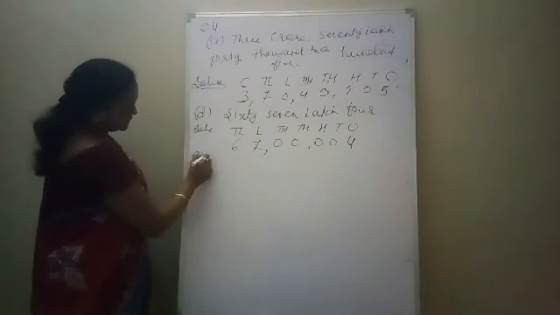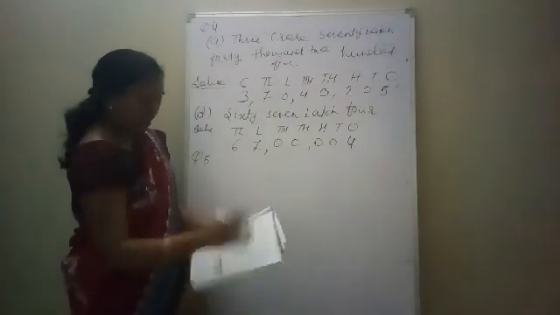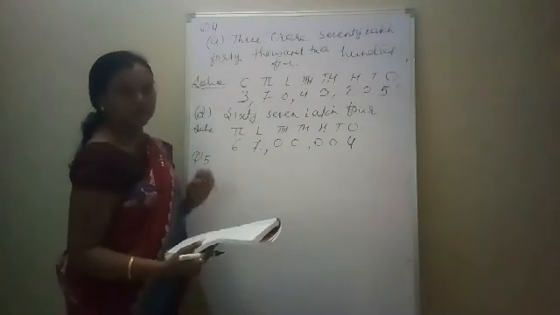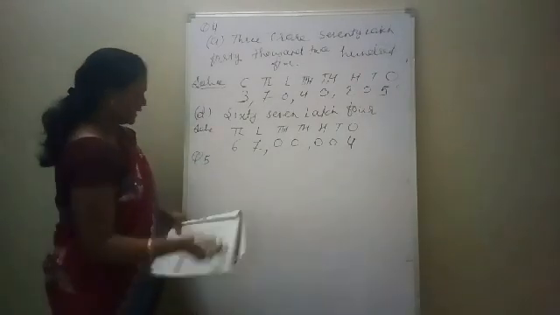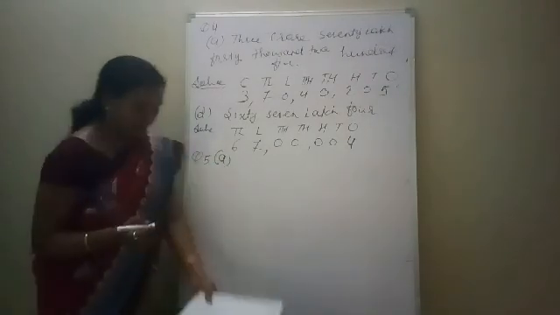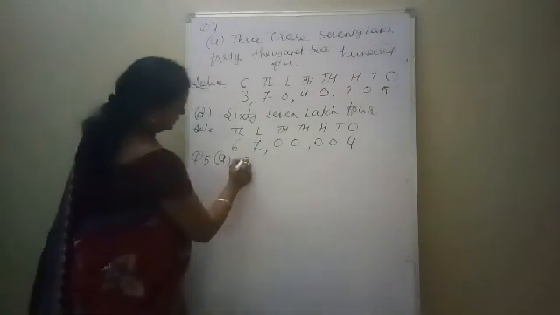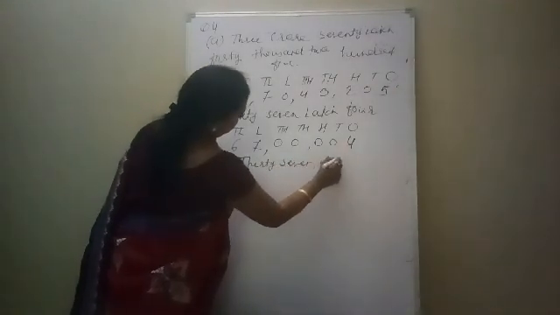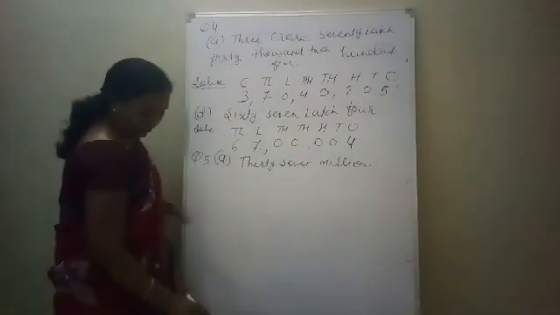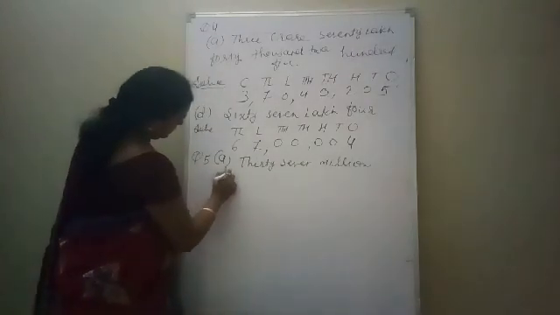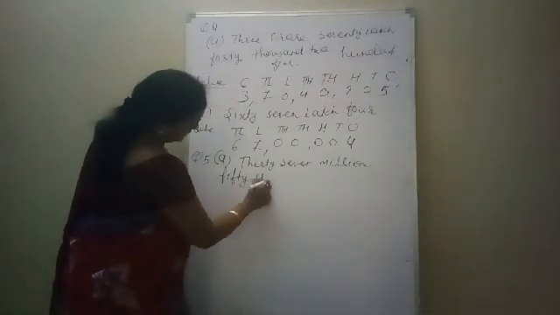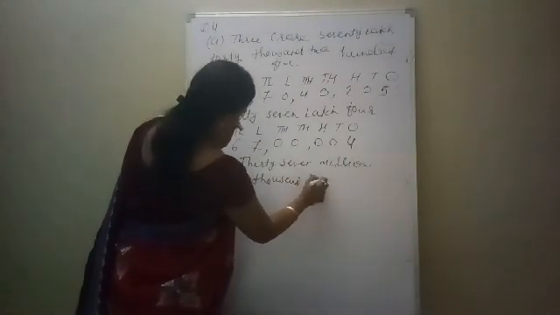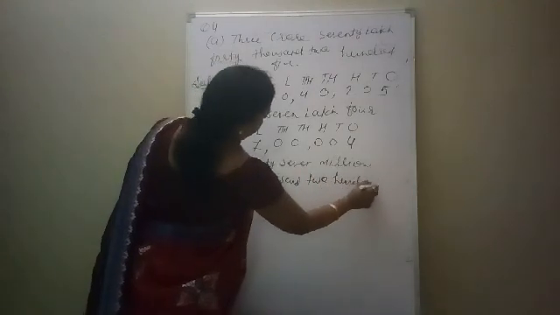Now come to the last question, question number 5. Write the numbers corresponding to the following in the international place value chart. Look at part A. Here 37 million is given, then 50,000, 205.